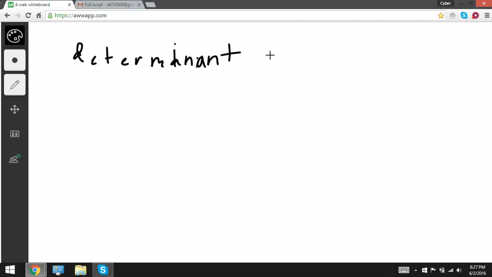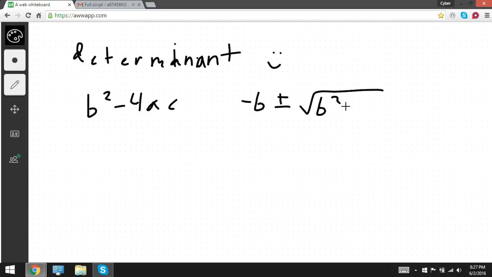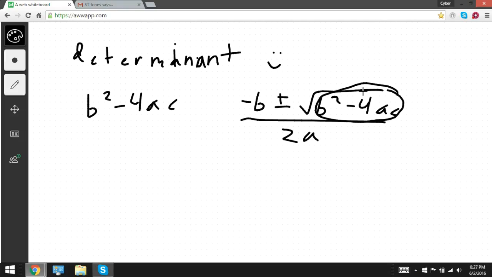Anyway, the determinant is b squared minus 4ac. This actually comes from a piece of the quadratic formula: -b plus or minus, and the determinant is what's under the square root. If you look, under the square root is b squared minus 4ac. That's the determinant.